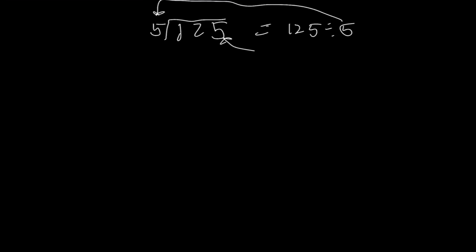When doing this, you're going to work from the left to the right. I'm going to look at 1, and I can't divide 1 by 5. So I'm going to add the next place, which gives 12.